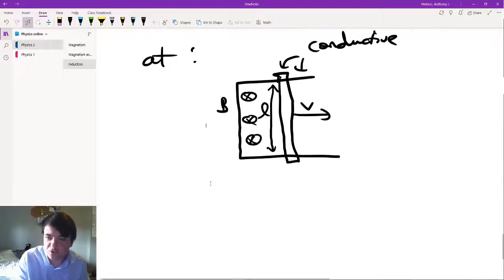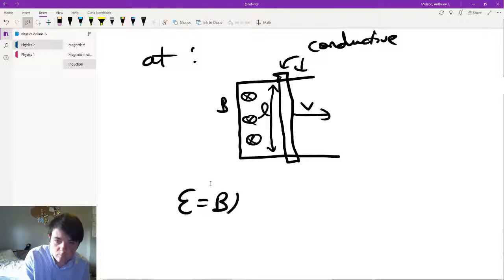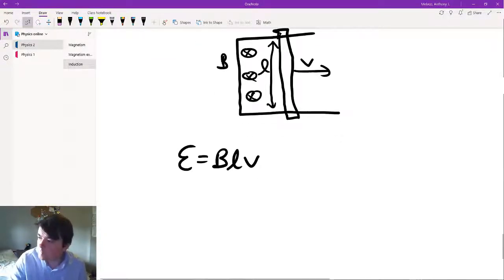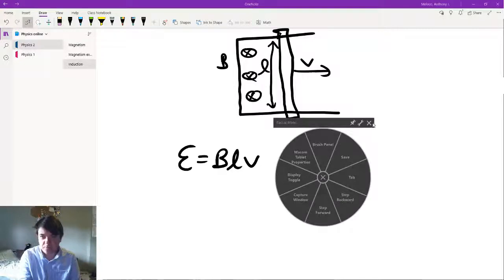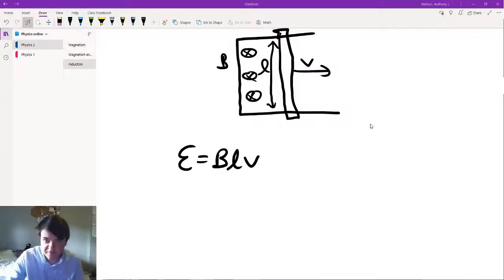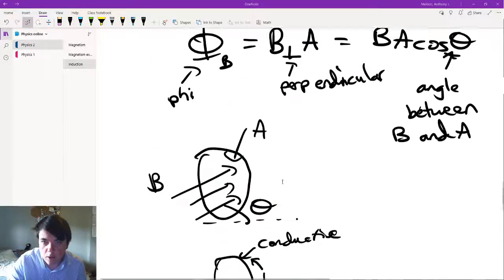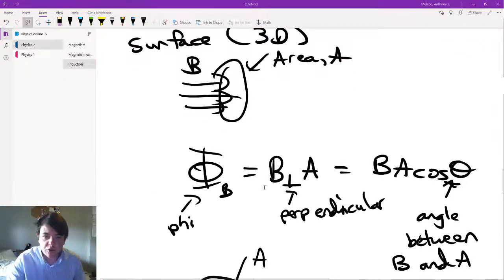And the EMF generated from this system will be BLV, like that. So, like I said, those are the types of problems that we're going to look at. We're going to look at this system, and then we're going to do a problem where I show you just how to do a problem about flux, like what's the flux through an area.